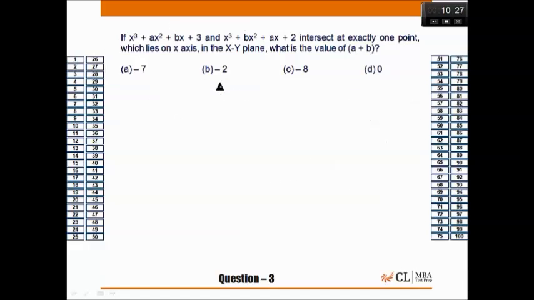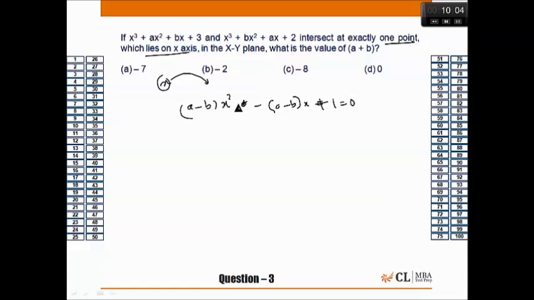Okay, so let's do this one. So we have (a minus b) times x squared minus (a minus b) times x plus 1 equal to 0. Now they have exactly 1 point, so there can be just one value that satisfies this equation.